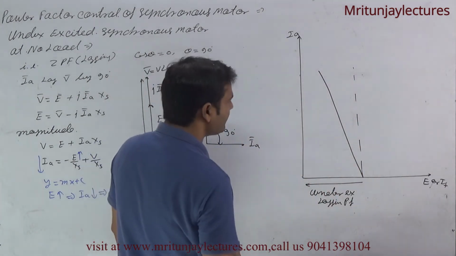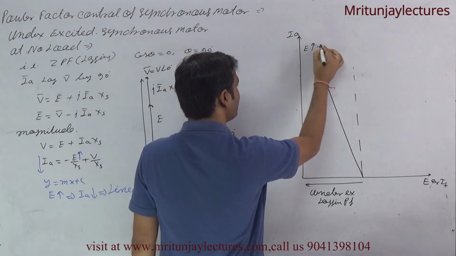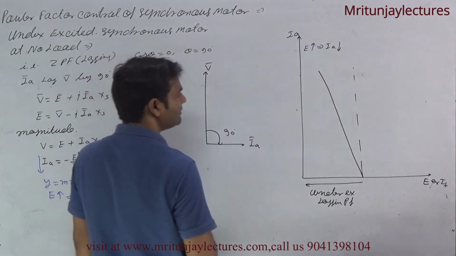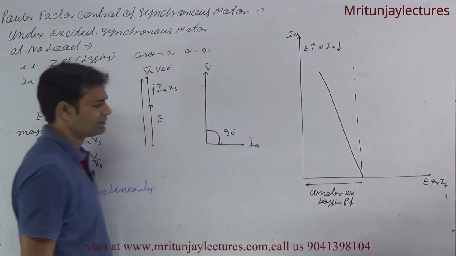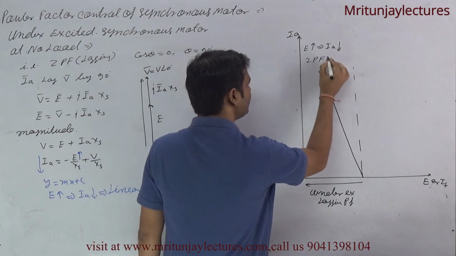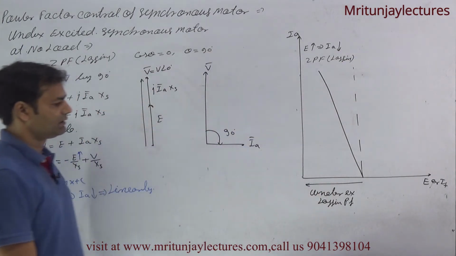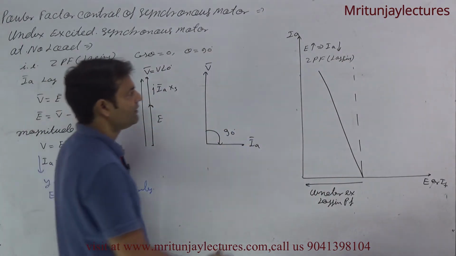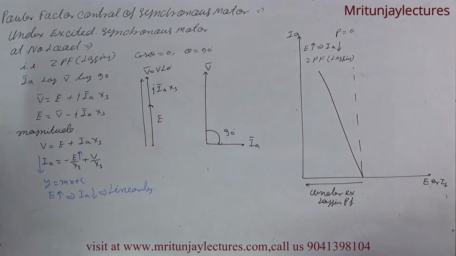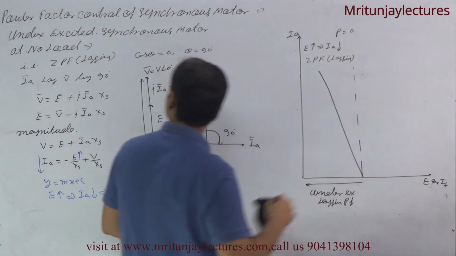In this region, E increases and Ia decreases linearly. That's why I represent it here. Clear? And that is ZPF lagging. It is called ZPF lagging. Okay, and what about power? E is equal to 0. Now another case, over excitation.